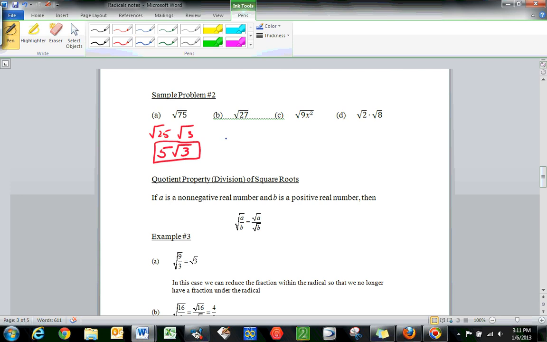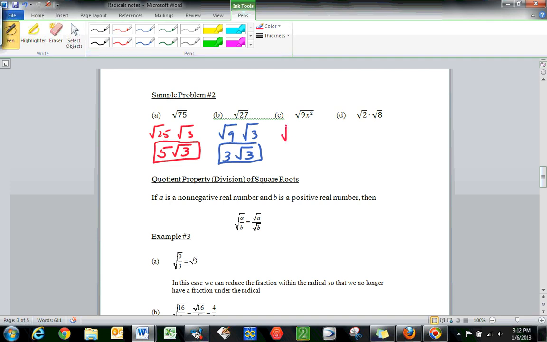The square root of 27 can be broken up into the square root of 9 times the square root of 3, which gives me 3 times the square root of 3. The next one was a little different because it has a variable in it. But if you think about this, 9 is being multiplied times x squared.